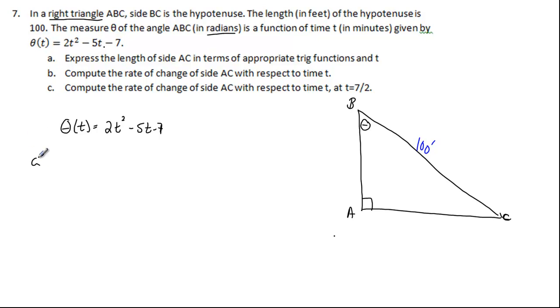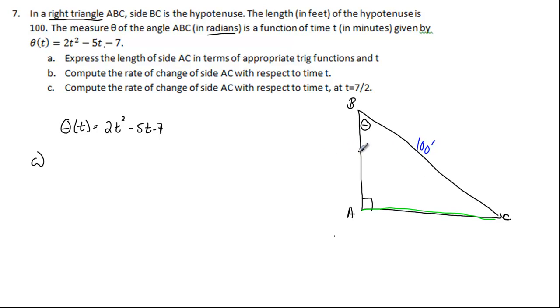So part A says express the length of the side AC. So I'm going to go ahead and figure out, I want to find AC in terms of an appropriate trig function and t. Okay, so I want to represent the side AC in regards to a trig function that we'll work with.